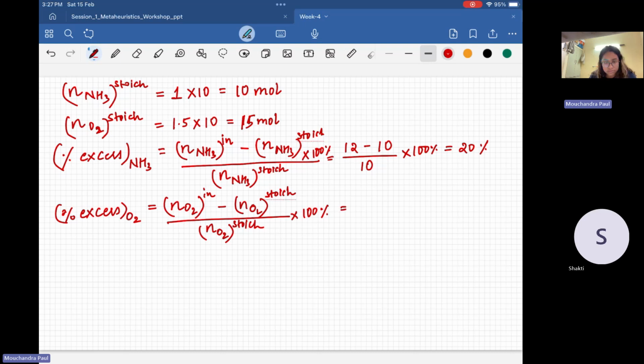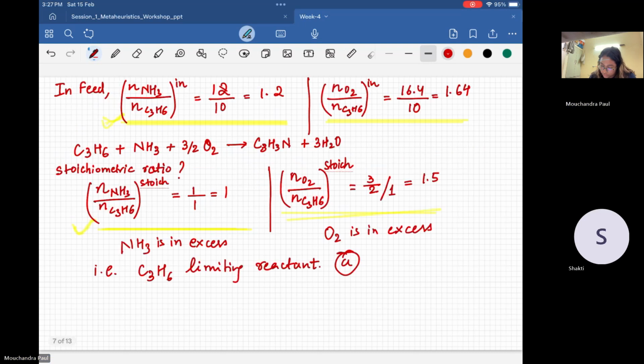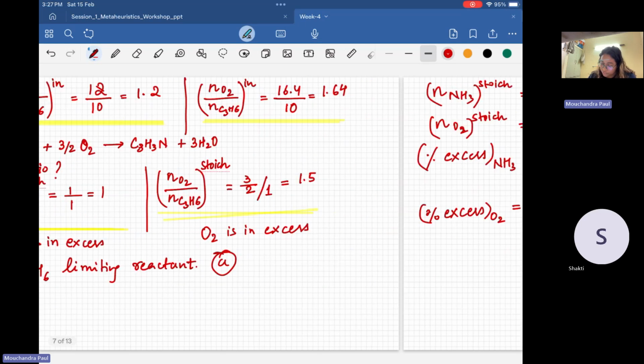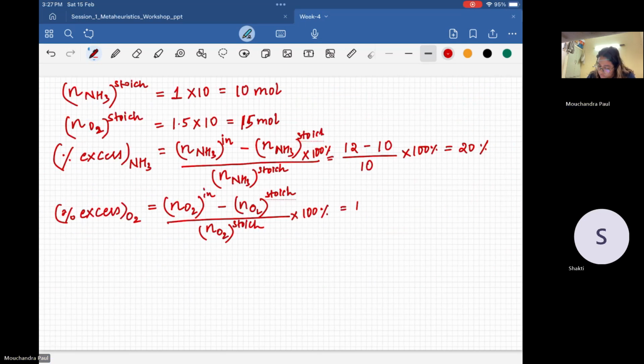This expression looks pretty much the same, right? There is no change in it. So how much oxygen is coming in? 16.4 moles, minus the 15 moles we needed to maintain stoichiometric proportion, times 100. So if you calculate this, what will you get?